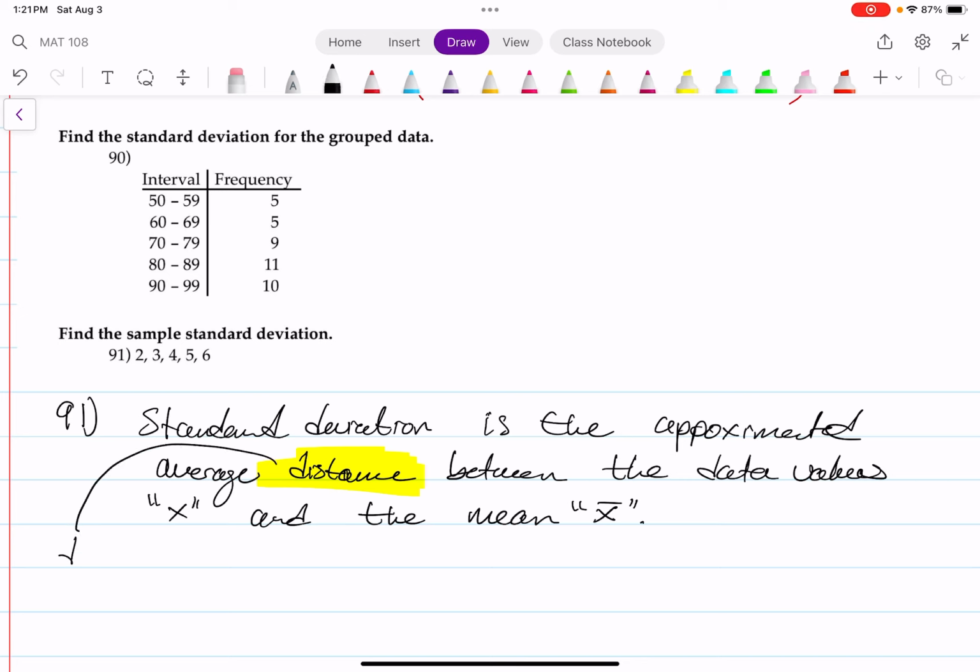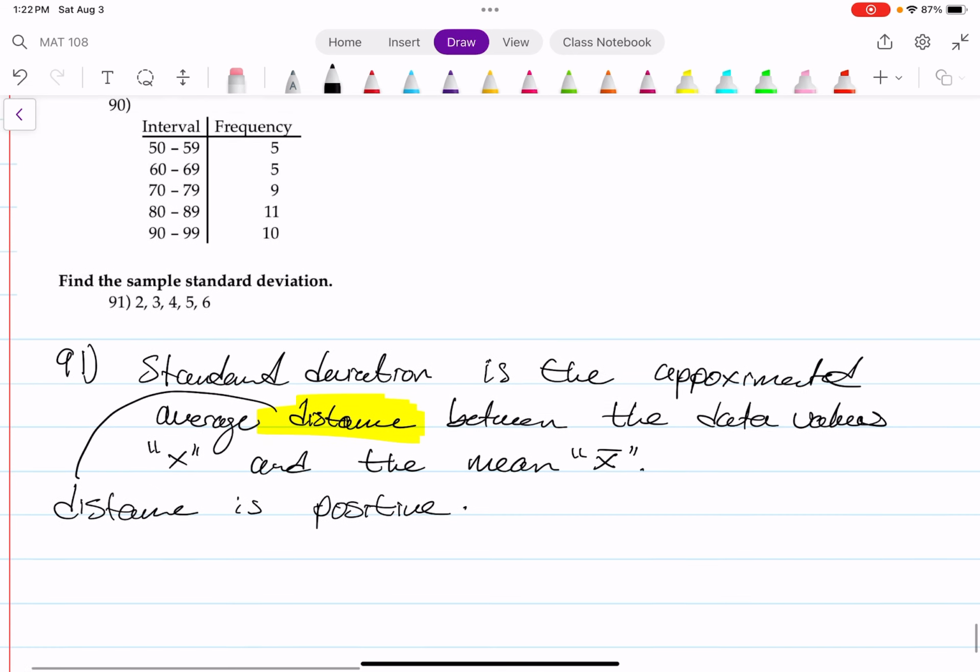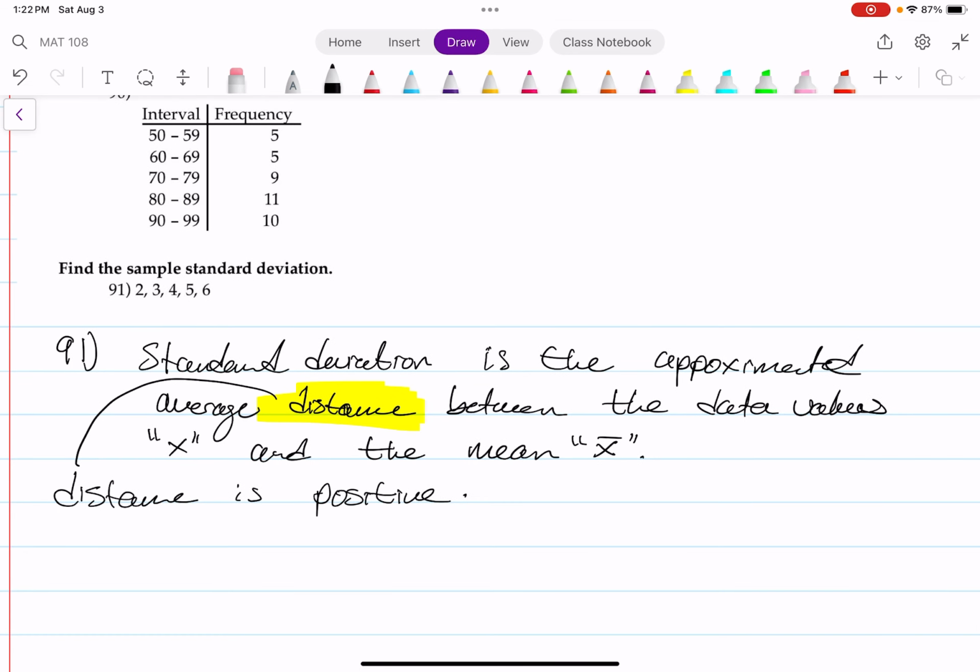So sometimes when it comes to distance, you have to find a difference, and the difference can give you a negative number. But distance itself is positive. So I'm going to call you back to algebra real quick. Something that represents distance is known as the absolute value.